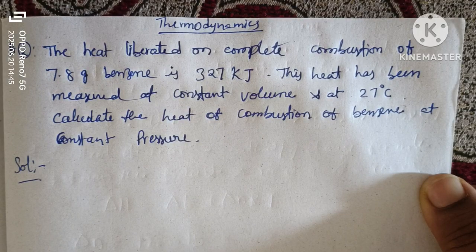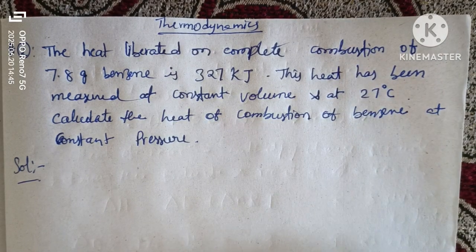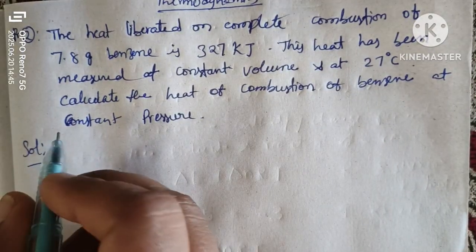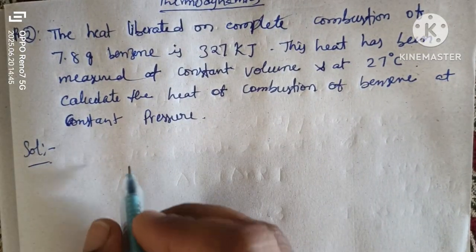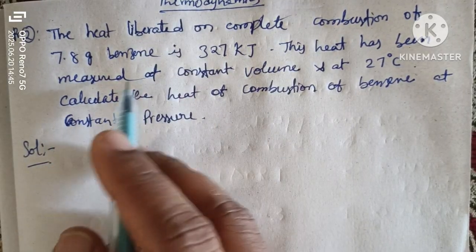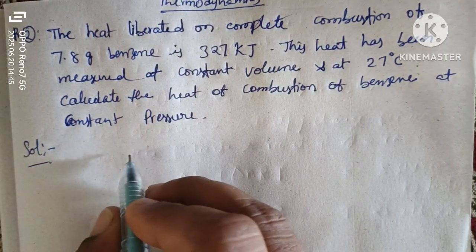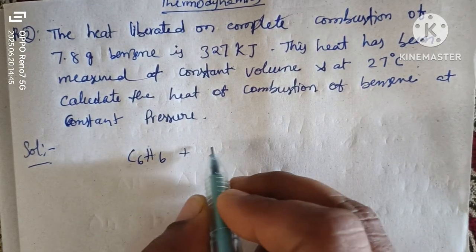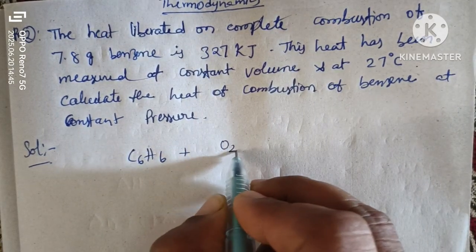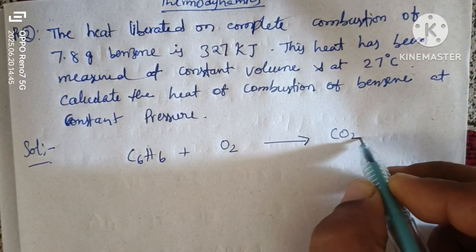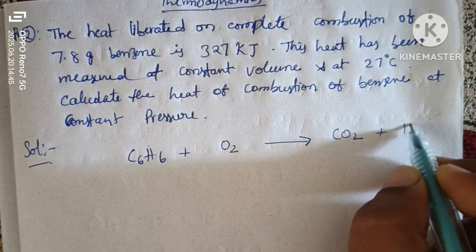So let us see the concerned chemical reaction. So here it is, what they are given: the heat liberated on complete combustion of benzene. So benzene, C6H6, combustion means it takes up oxygen, releases carbon dioxide and water molecules.